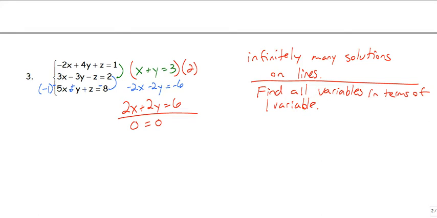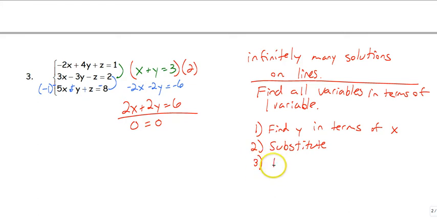Like, we want to know what's going on here. So, here's what we do. In this case, what I'm going to do is find y in terms of x, and then you substitute, and then we'll find z.